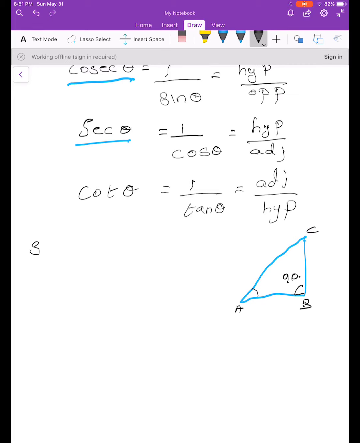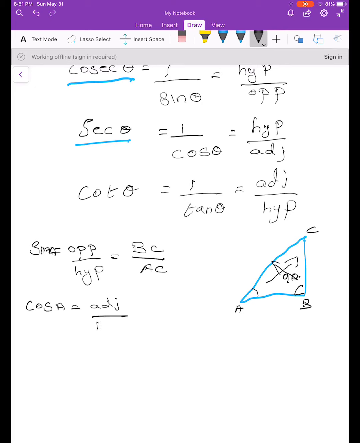So sine A, the formula is opposite by hypotenuse. What is our opposite in this case? The opposite to angle A is BC. And the hypotenuse is always the side opposite to angle B, that is your AC. This is sine A. Then comes your cos A. Cos A is adjacent by hypotenuse.